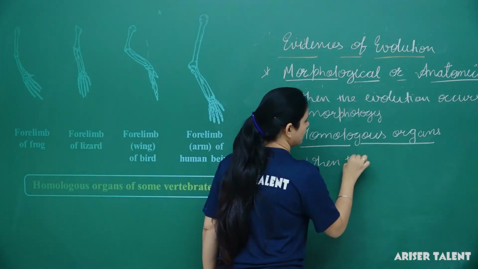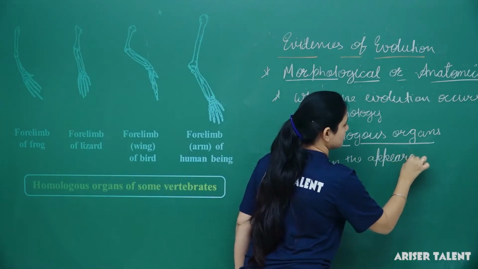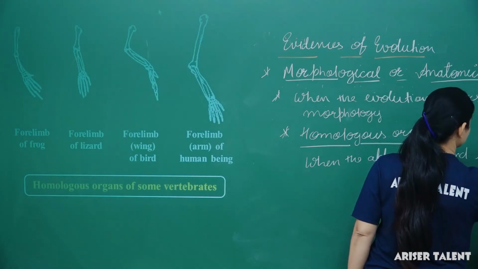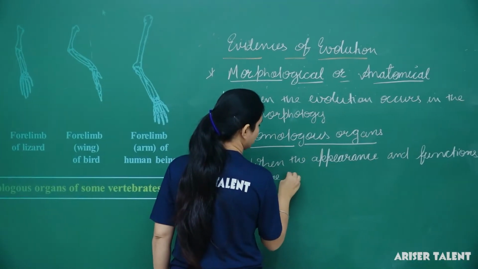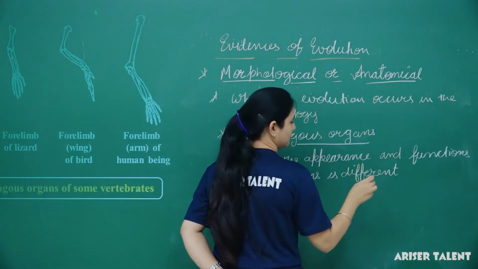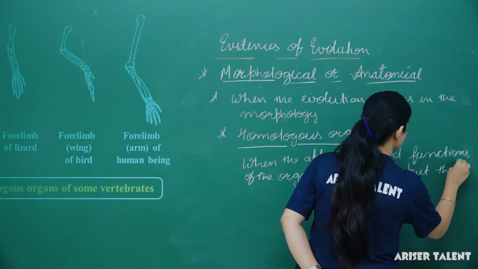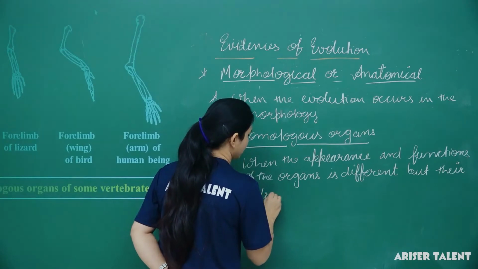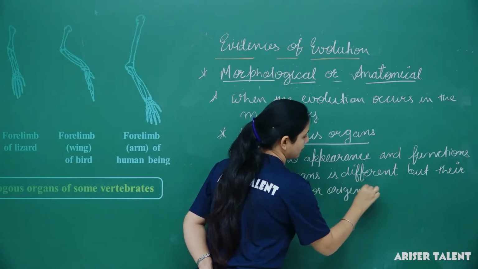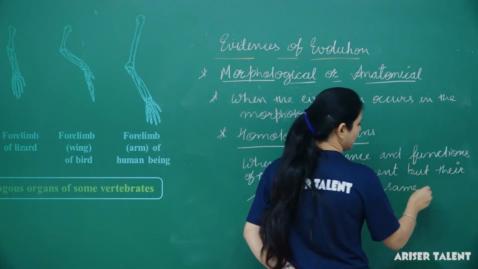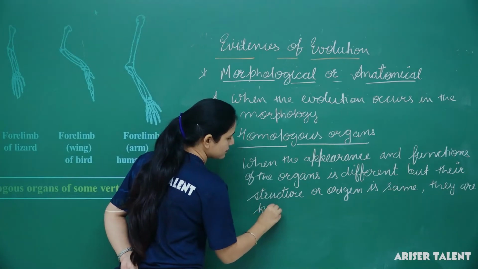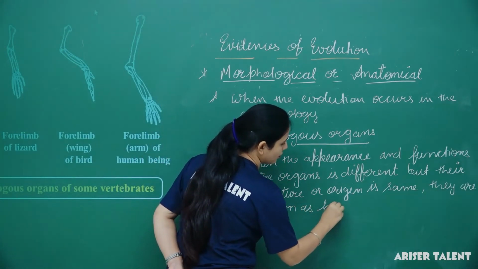When the appearance and function of the organs is different, but their structure, meaning internal structure or origin, is the same, they are known as homologous organs.